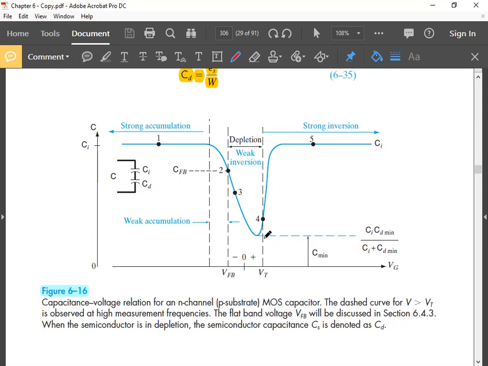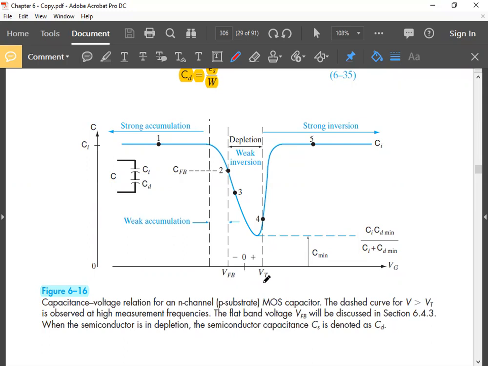Okay, so say after this point, gate voltage is greater than VT. Now you are applying an AC signal. At the positive half of the AC signal, what will happen to the electrons? More electrons will come.